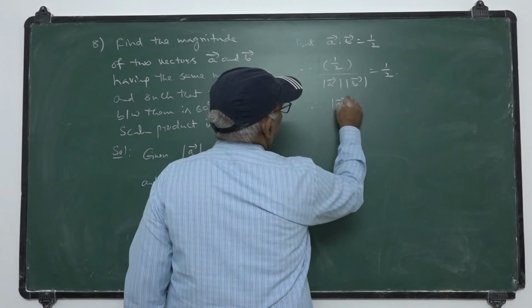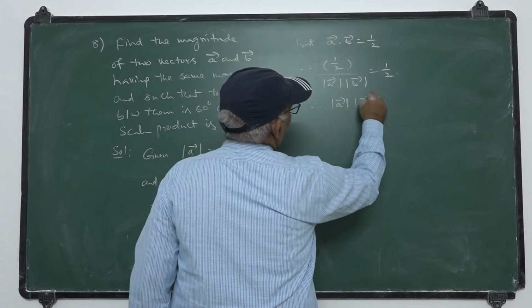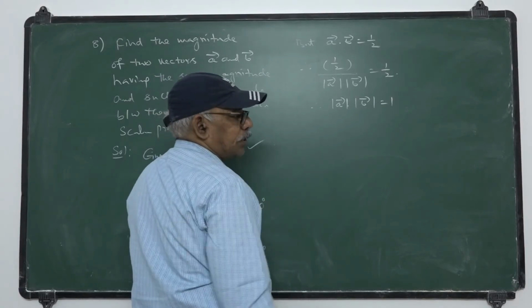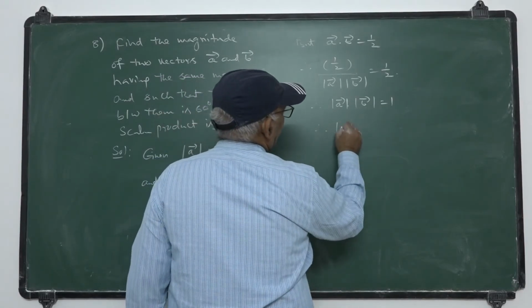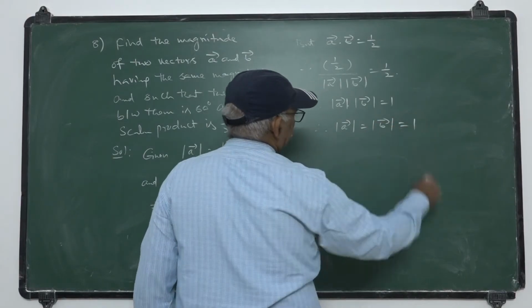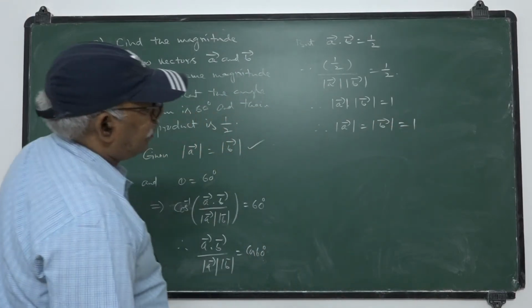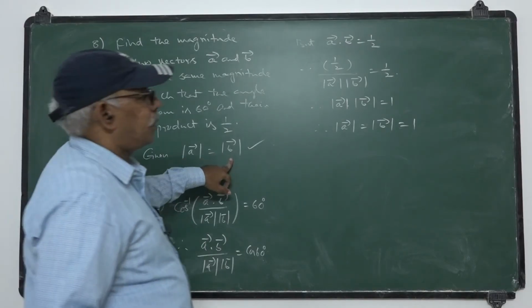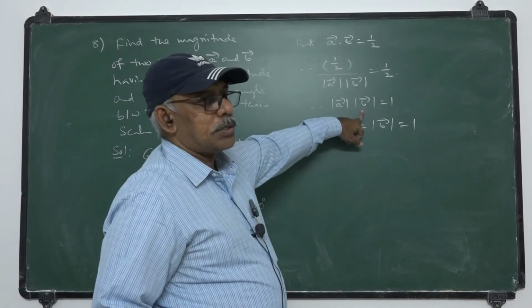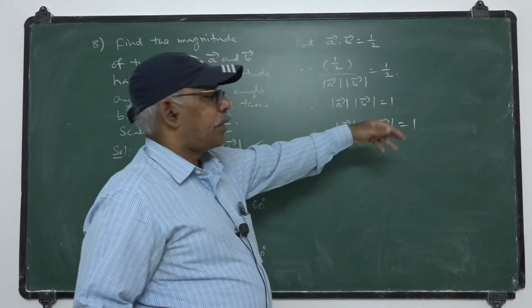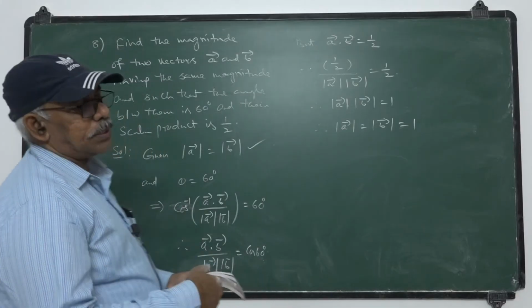Hence, mod A bar into mod B bar is 1. But modulus of A bar and modulus of B bar are the same. Hence, mod A bar equal to mod B bar equal to 1. Replacing modulus of B bar with modulus of A bar, mod A bar square is 1, mod A bar is 1, hence mod B bar is also 1.